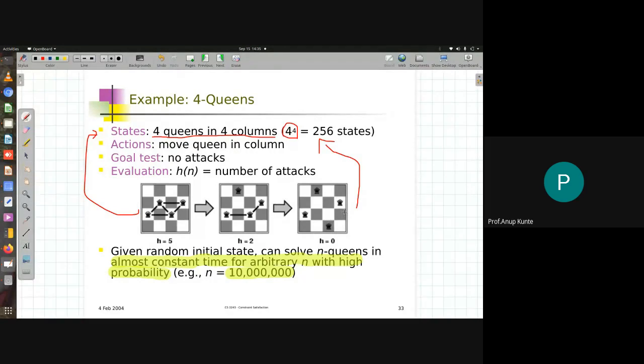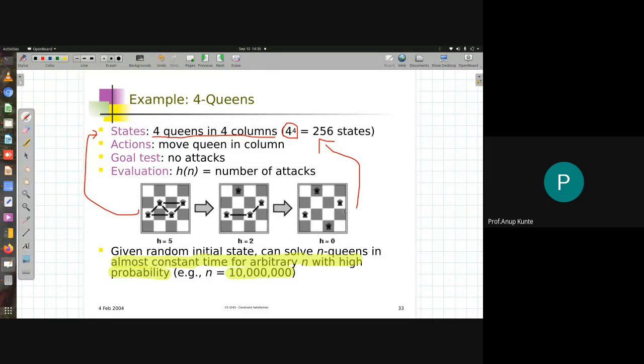If I choose the number of attacks as my heuristic function, I can use my learned understanding of the A star algorithm, or of any other algorithm in that category after A star. So greedy search was there, A star was there, but will it be feasible?